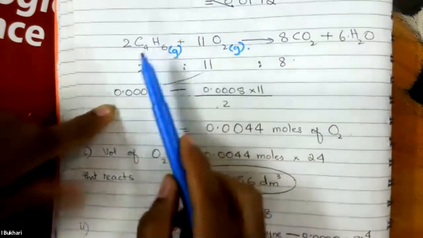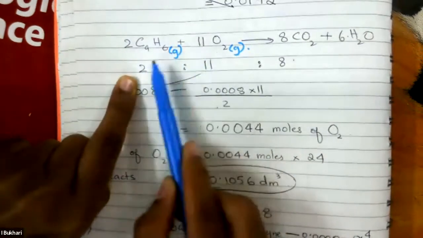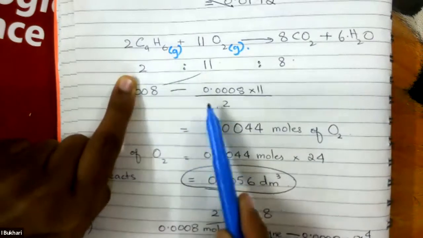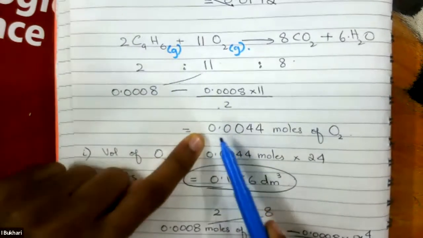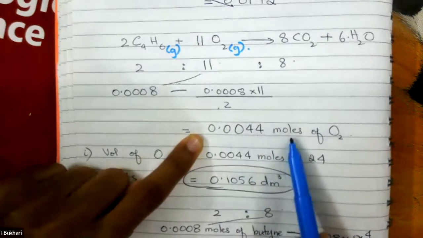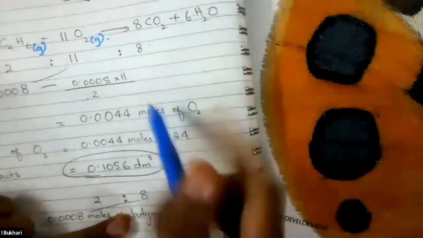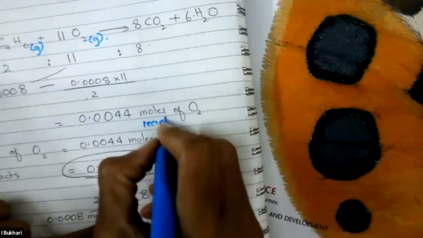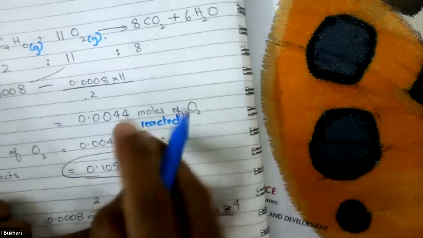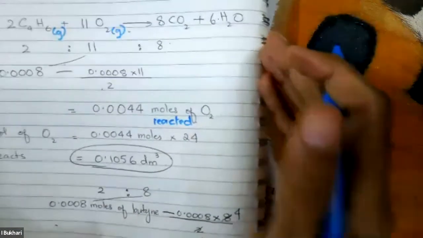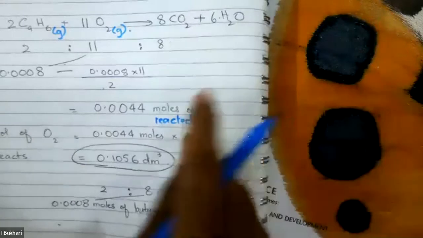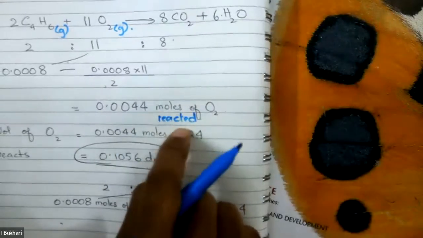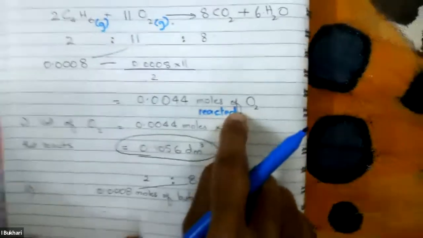For every 2 moles of butane, 11 moles of oxygen react, so 0.0044 moles of oxygen reacted. There were many more moles of oxygen available, but only these many reacted. Remember, oxygen was in excess.